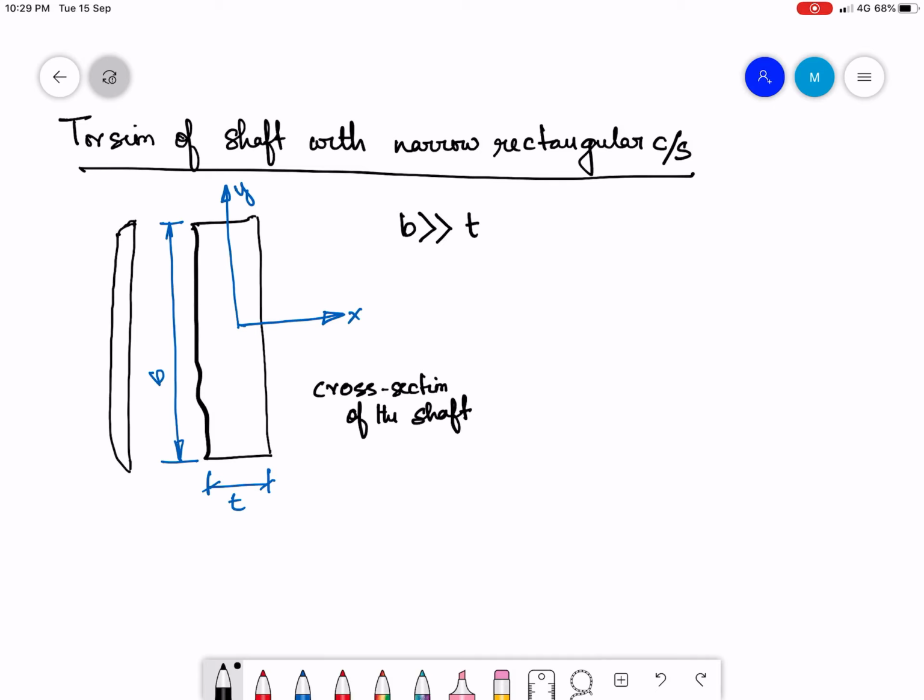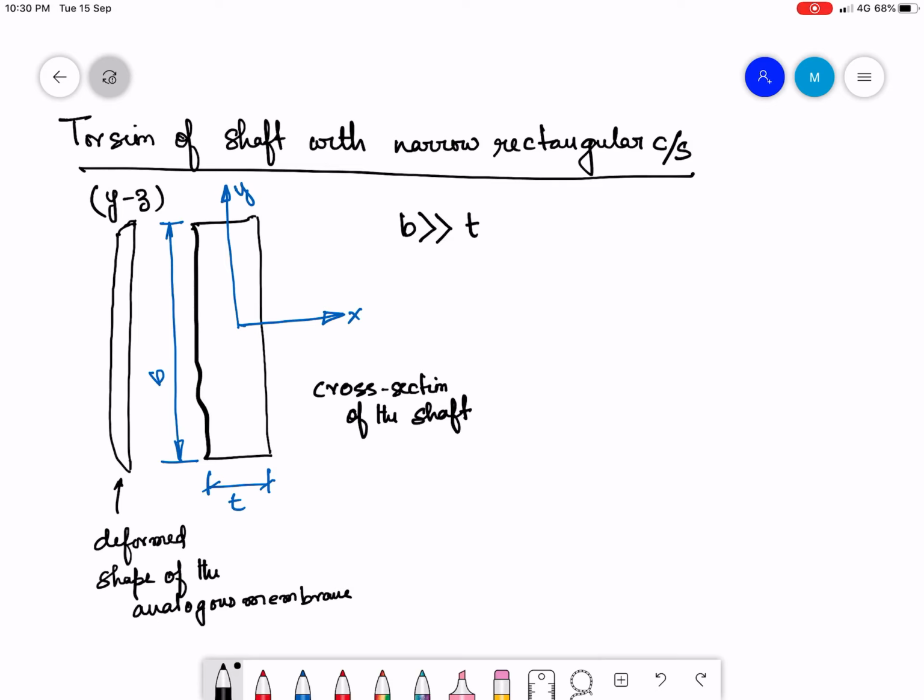This is the deformed shape of the analogous membrane in the YZ plane.